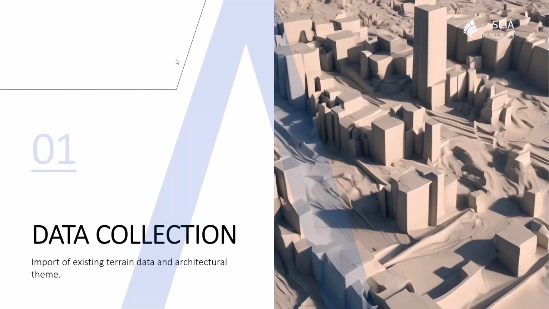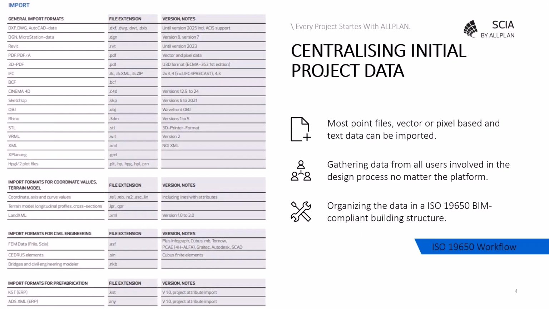So we'll jump directly to this data collection, which is the importing of existing terrain data and architectural theme. So one key feature of this approach is this interoperability of Allplan, which enables to import data from various formats.